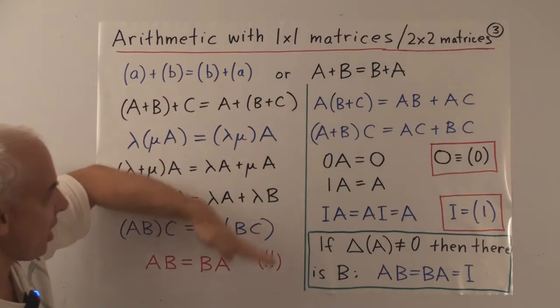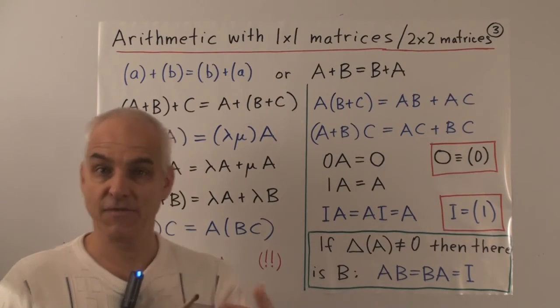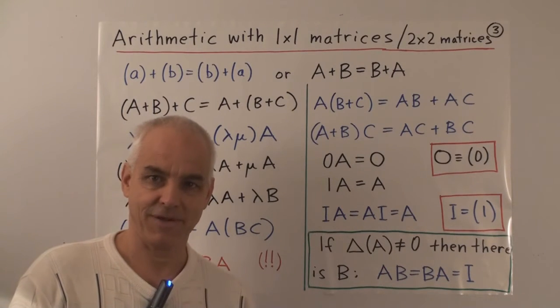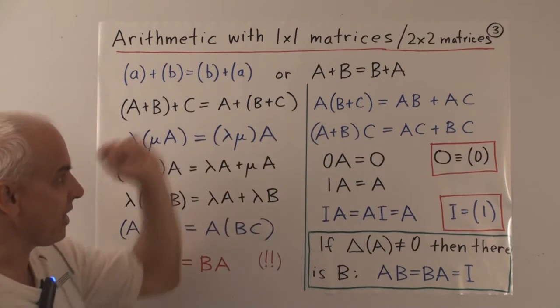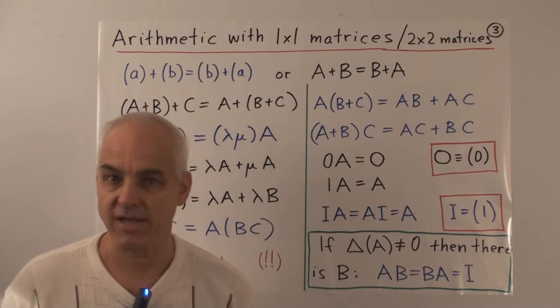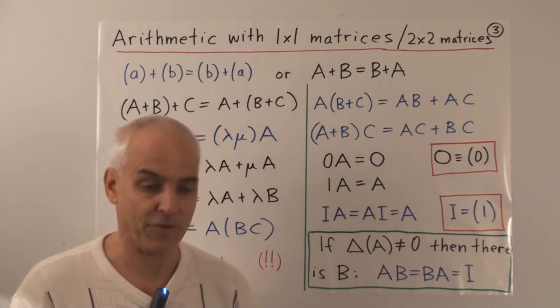When I formulate the laws this way, then there's the possibility of interpreting them in a different way and thinking, well, A and B could be two-by-two matrices. So that's the advantage in this framework, that it actually applies both to the one-by-one case and to the two-by-two case. And in fact to the three-by-three case and higher on, as we'll see later.